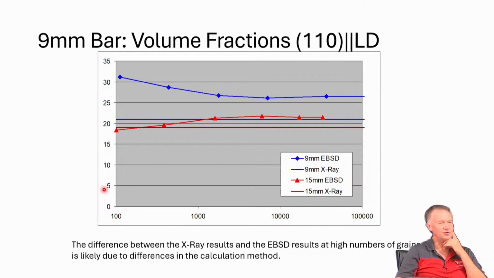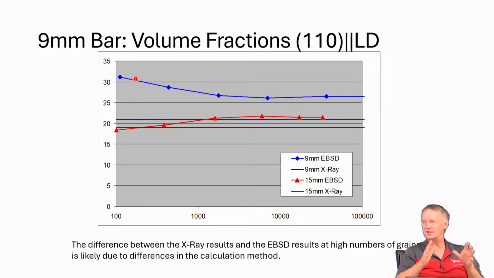Since it's not a direct measurement using X-ray measurements, right? You're getting the intensities, you're going through the calculation and then back calculating through the integration of what the volume fraction is. You expect that that might be a little bit different than what we're measuring from EBSD, where we can just put bounds up and say, that's 5 degrees and that's 6 degrees and that's 8.2 degrees away, and then that's included or it's not included, right?